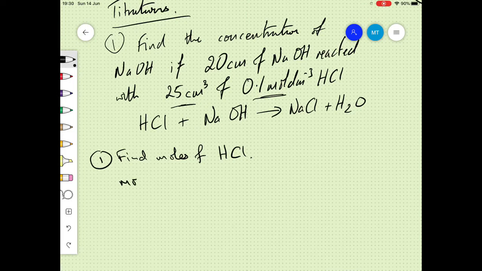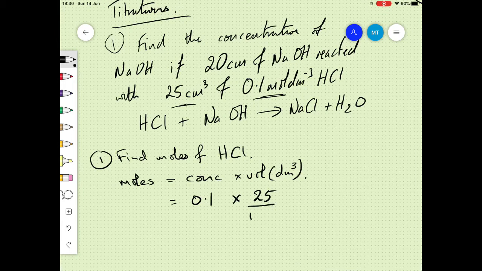And the moles is moles equals concentration times by volume. And the volume must be in decimeters cubed. So we've got 0.1 is the concentration, times by the volume, which is 25 divided by 1,000, because we're going from centimeters cubed to decimeters cubed.